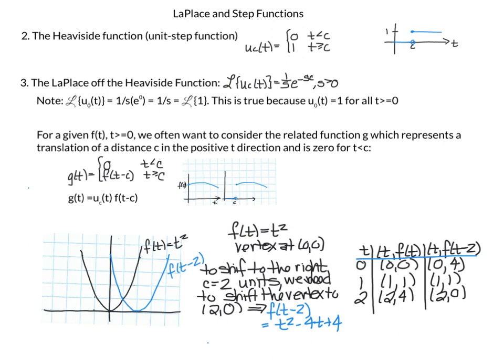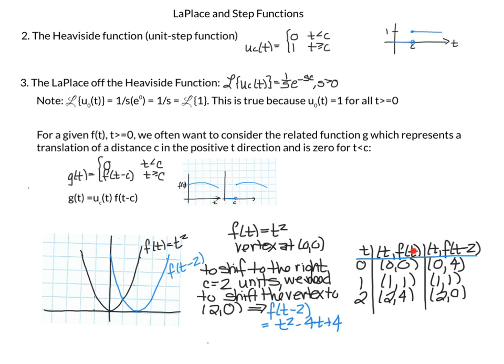So f(t) is equal to t squared, its vertex is at (0, 0). To shift to the right 2 units, we need to shift the vertex over 2 units. In other words, we want the same value 0 for our y coordinate as we would have at t equals 0. That means to get back to our original function, we would have to subtract 2. So let's look at this table, and I'll say that again. Here I have the coordinate (t, f(t)), and the coordinate (t, f(t minus 2)).